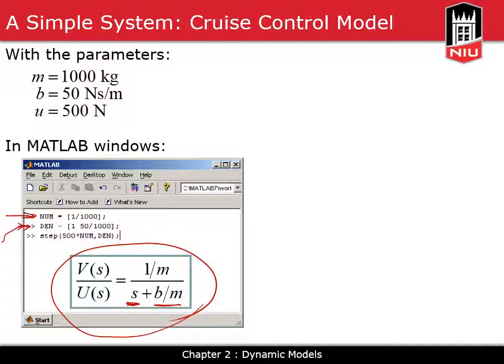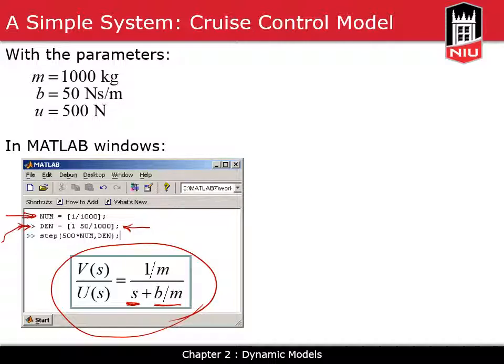So the first coefficient is 1, the second one is b over m. So for the denominator, we have 2 coefficients. So put 1 and then b over m. b is 50, m is 1000, so 50 over 1000 is the second one. These are two elements in the denominator vector.